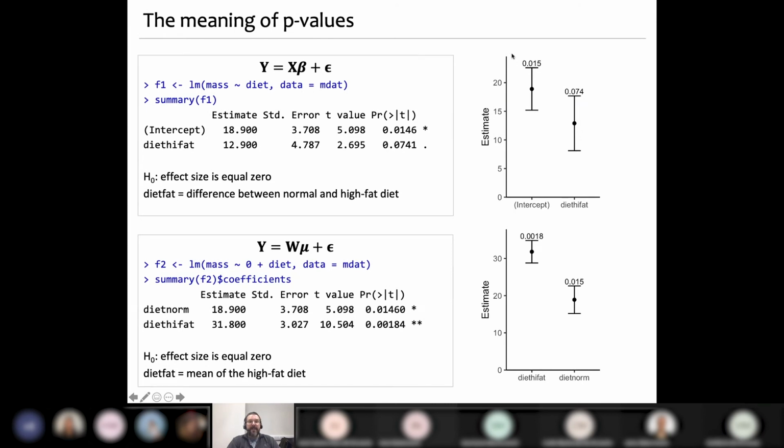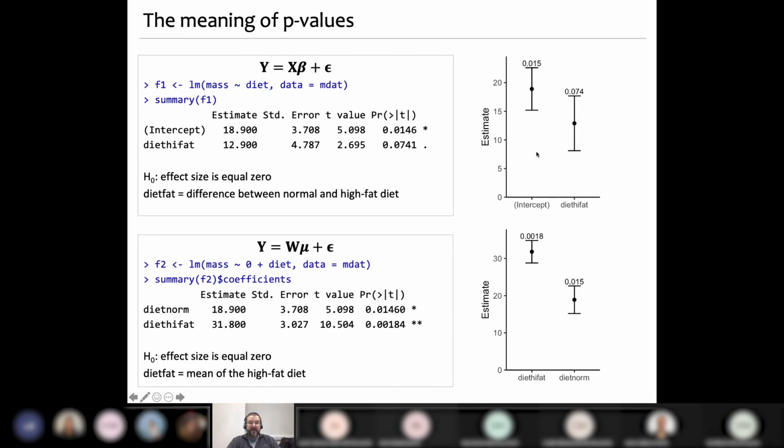This is the second one. Numbers in plots represent p-values 0.015 and 0.074. The null hypothesis in each case is the same, that the effect size is 0. We can see that the intercept is quite far from 0 in terms of its errors, hence the p-value is small.